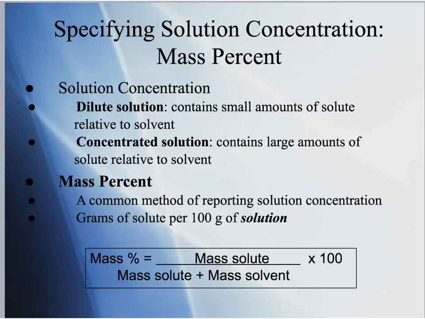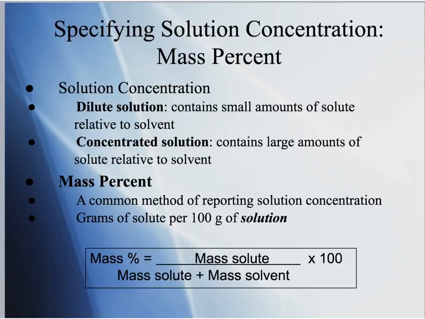So if you think about it in terms of Kool-Aid or any of those little powder packs that you can add to water, if you only add a little bit from the powder pack, it's not going to taste very good, and it's because there's more water than there is sugar, so it's a dilute solution. Now, if you add like 2 or 3 packs to your water bottle, then you're talking a concentrated solution. You've got a much larger amount of that sugar solute relative to water.